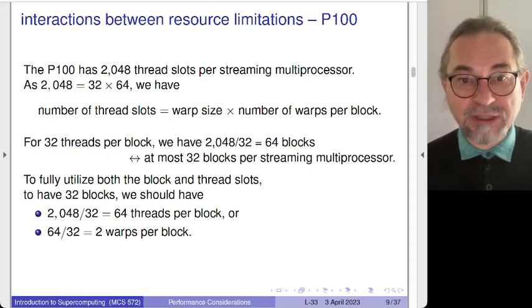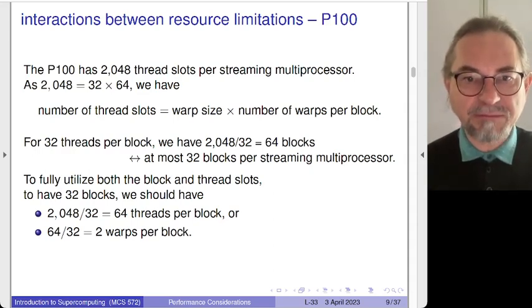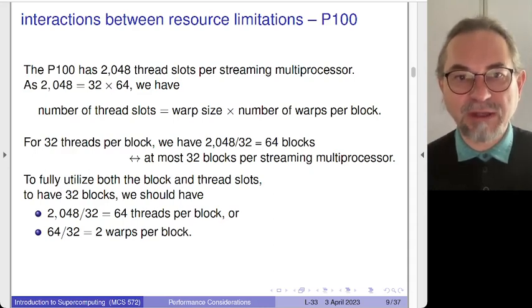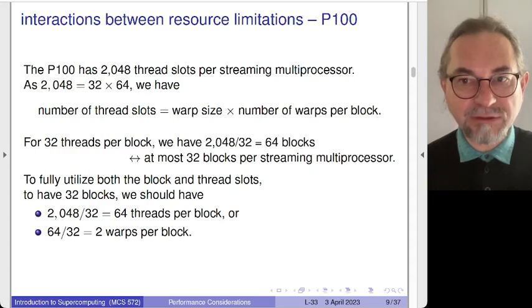So in order to keep the GPU fully occupied, this gives us some bounds and some guidelines. So that's the first way to interpret the resource limitations. This is the main resource limitation, the number of thread slots, taking into account the warp size.